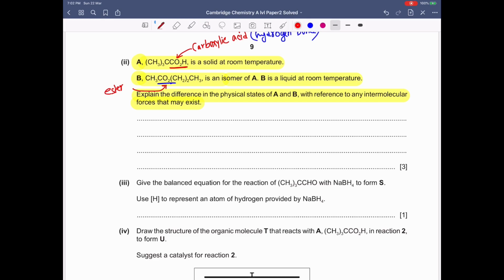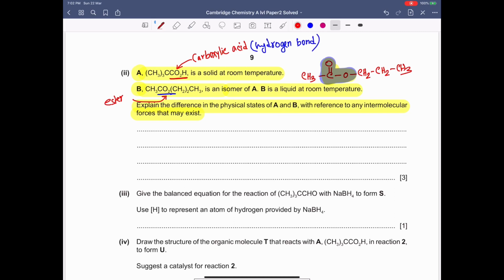However, I'm going to draw it for you just for the sake of understanding. CH2, CH2, CH3. As you can see here, there is no possible chance of hydrogen bonding.